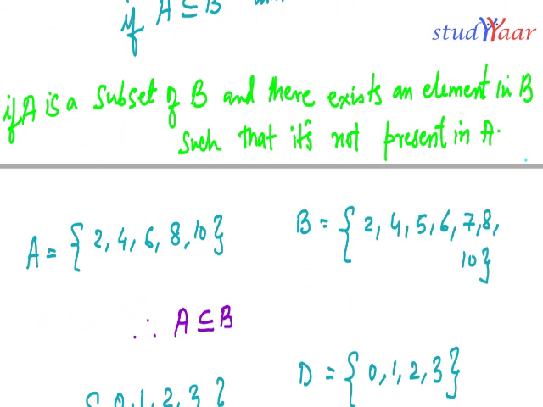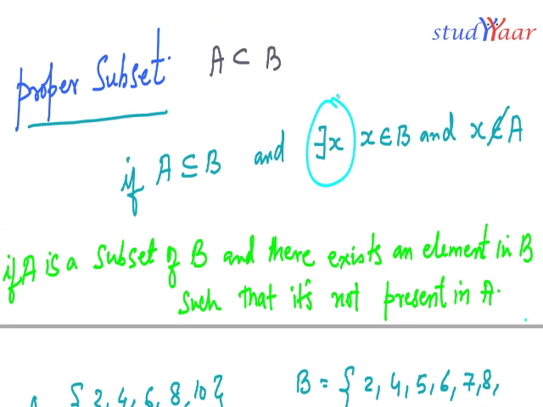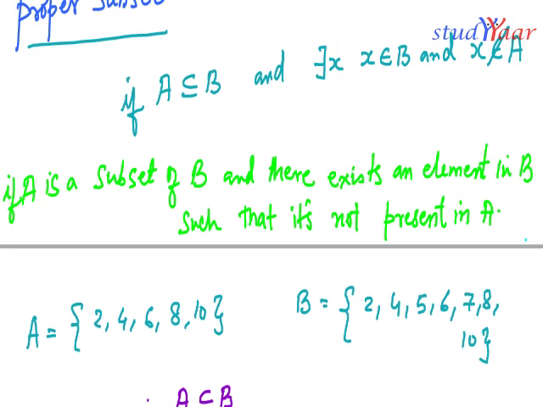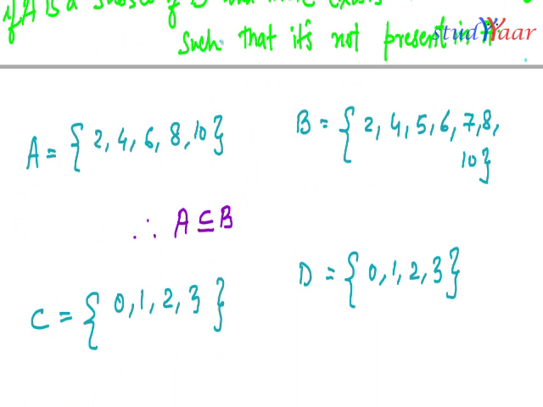I have to look for only one element. It could be more than one, but if I show that there exists one element, I am able to prove that it's a proper subset. Therefore I can say that A is a proper subset of B because I have 5 as an element of B and 5 is not an element of A.